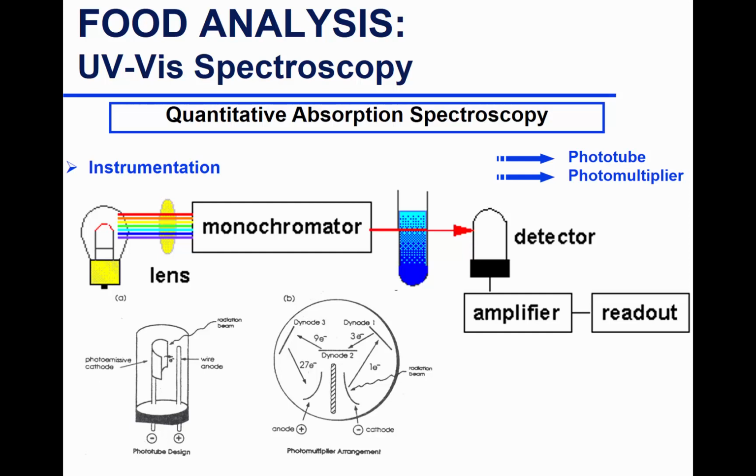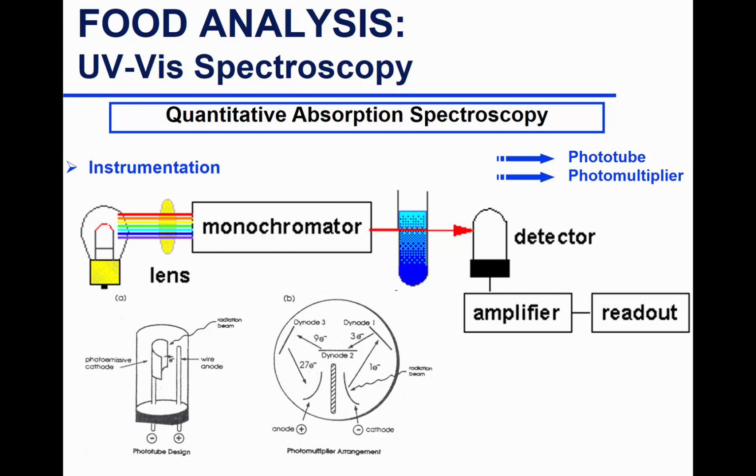But the photomultiplier tube has enhanced sensitivity. Why? What happens, from its name, multiplier, is actually multiplying the signal. How it happens is the light hits your cathode, and then there's your cathode, there's your anode. But when the light hits the cathode, an electron is emitted, but it doesn't go to your anode directly.